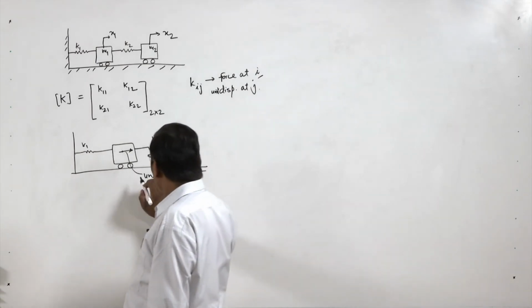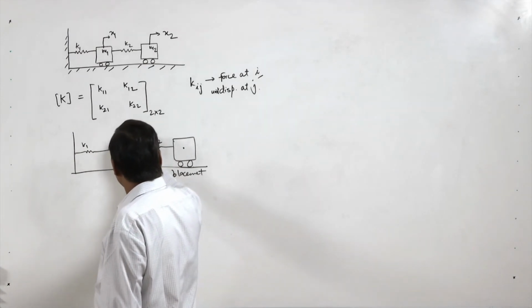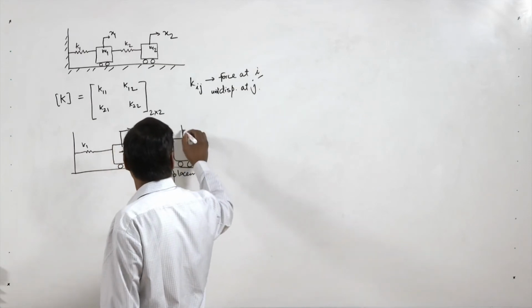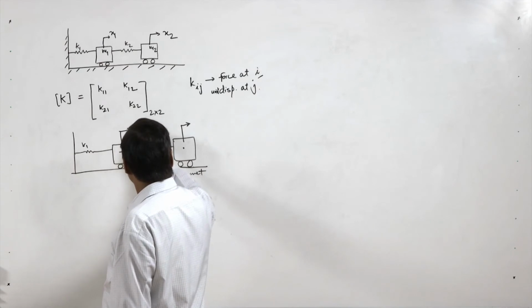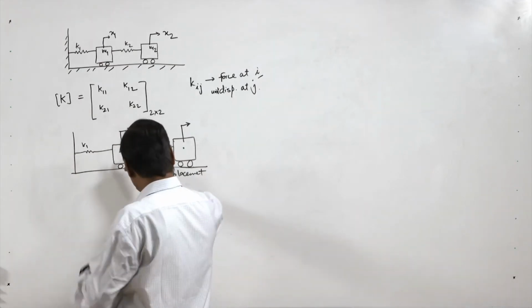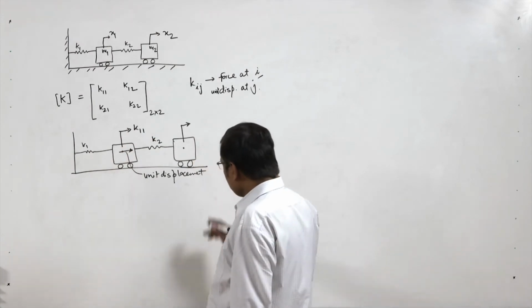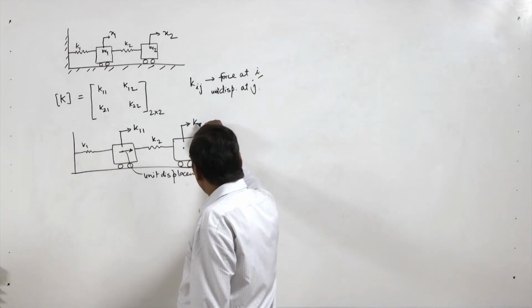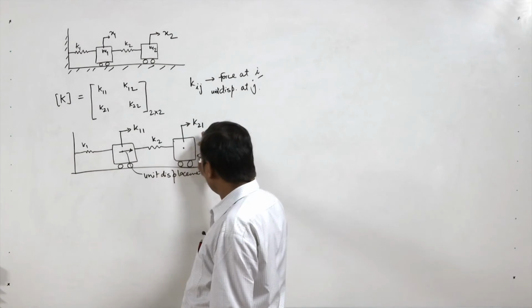Now when we give unit displacement, we measure the forces here and here. So this is K11, because we are giving unit displacement at 1 and measuring the force at 1. Now we are giving unit displacement at 1 and measuring the force at 2. So this is K21.